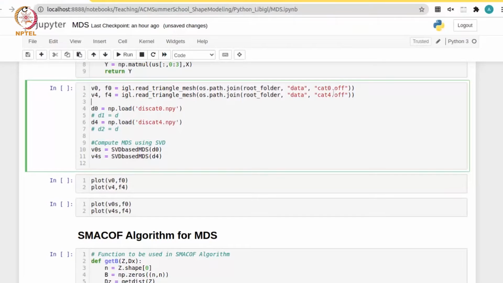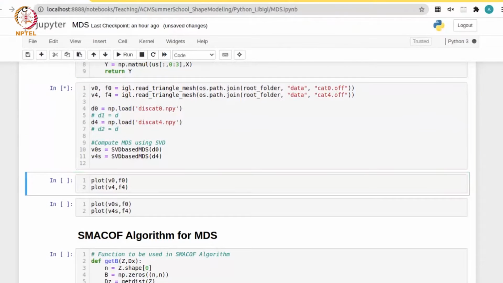There are these two meshes, CAT0 and CAT4. These are the same two meshes that we saw in the slides in the morning, so it's nothing new. Both these distance matrices have been shared with you. I hope you can access them. Okay, so let's just run them.